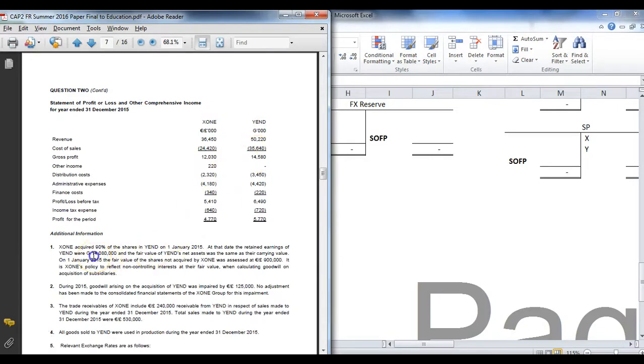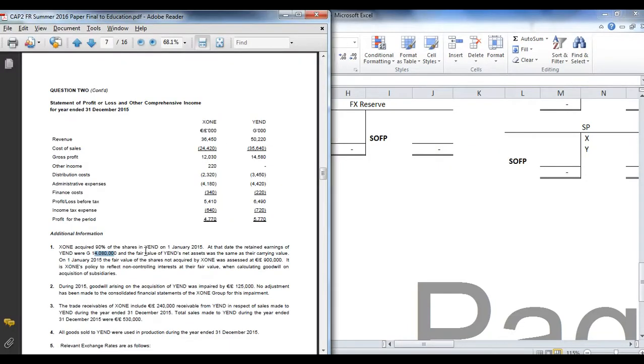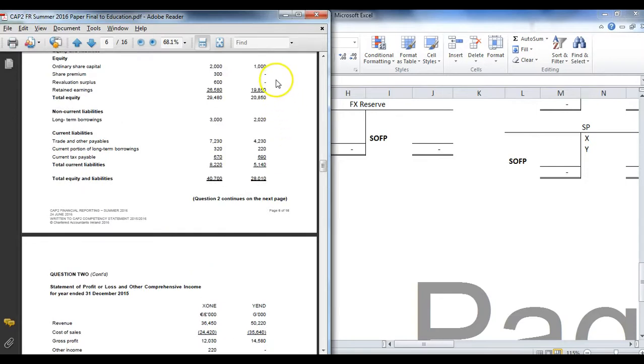The opening retained earnings was 14,080 at the date of acquisition, and the ordinary share capital would have been 1 million.